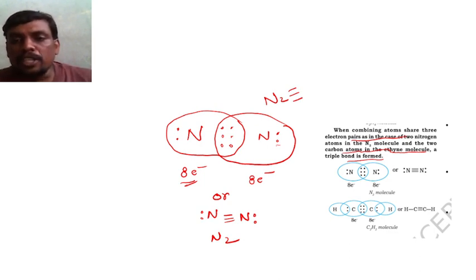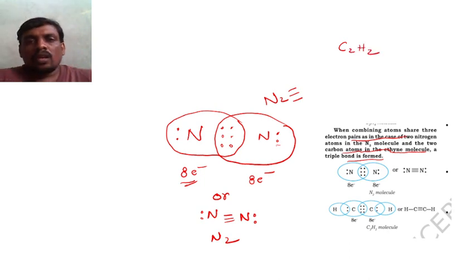Triple bond formation in the case of a C2H2 molecule. Carbon is the central atom here, and I have mentioned the inner shell electrons here. Outer shell electrons you have to mention here, and for the second carbon, the inner shell electrons, and hydrogen I have mentioned here.